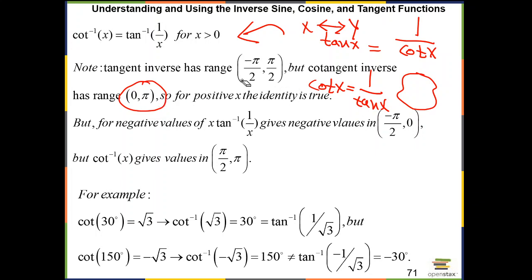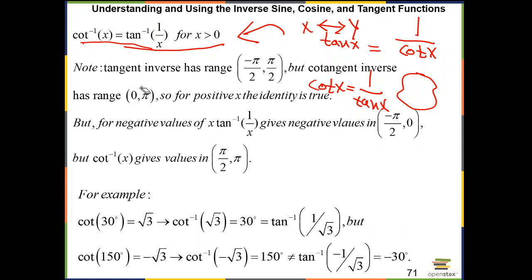So when you do this, for the positive values, from 0 to pi over 2, that works. That means if x is positive, this works. But if x is negative, it doesn't work, right? If x is negative, then since these two don't match, it's not going to work.